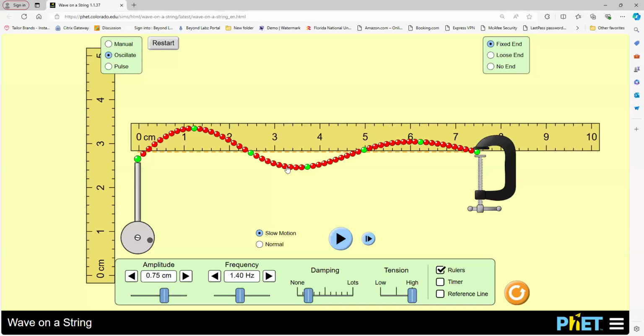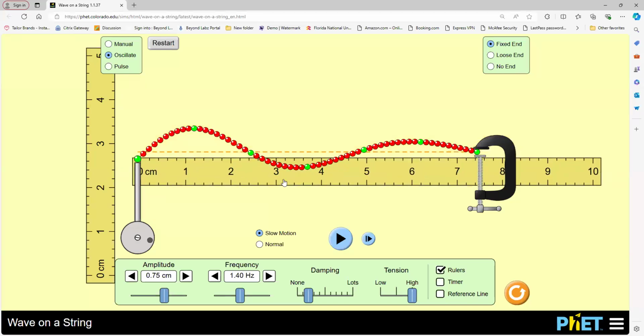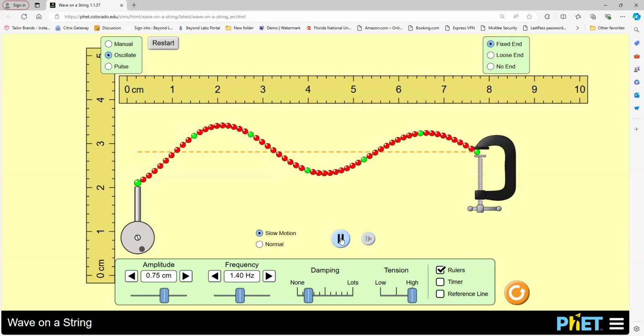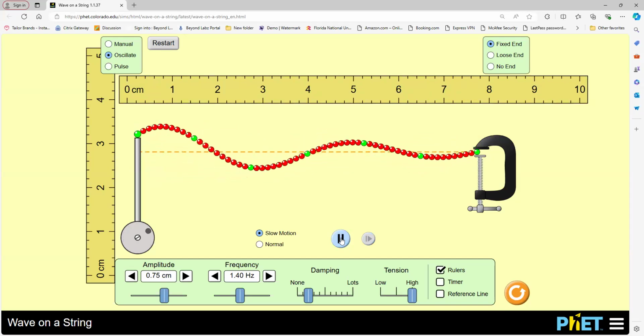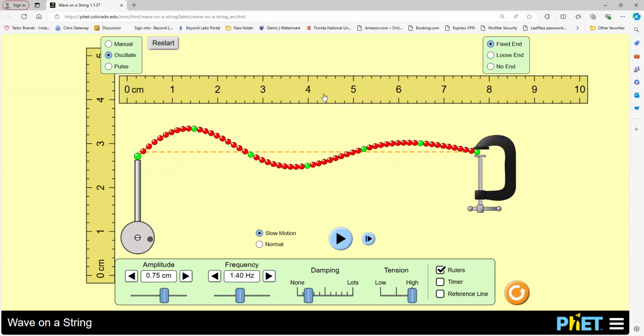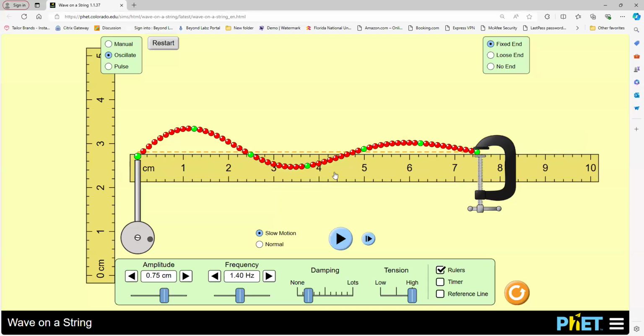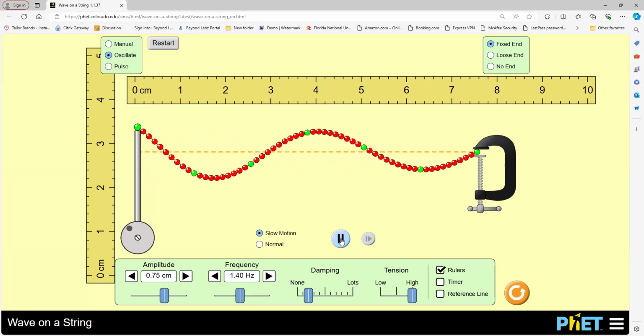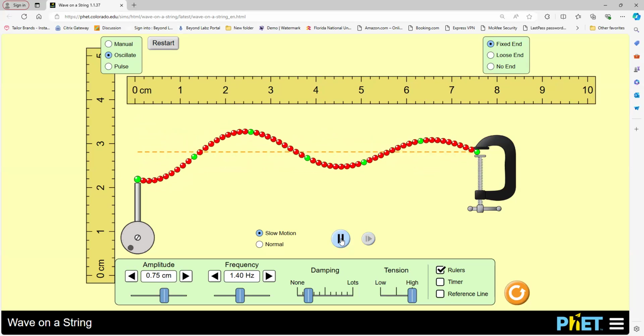So you can measure the wavelength here, and you get a wavelength that is approximately 5 centimeters. I will continue a little bit more to corroborate that this is the value. I will get 4.8, 5. It's not that symmetric. I will wait for an instant where this is really very symmetric.